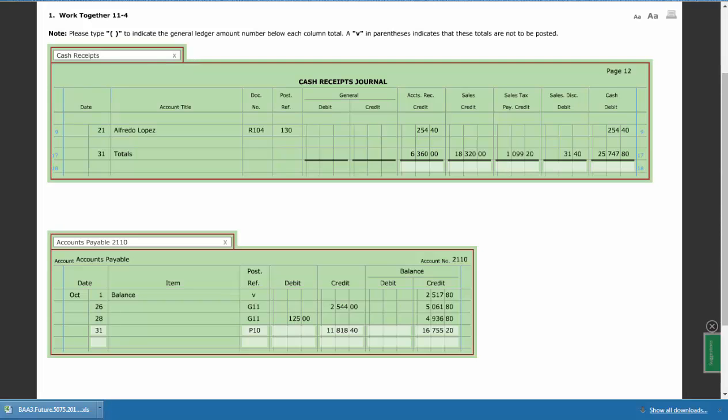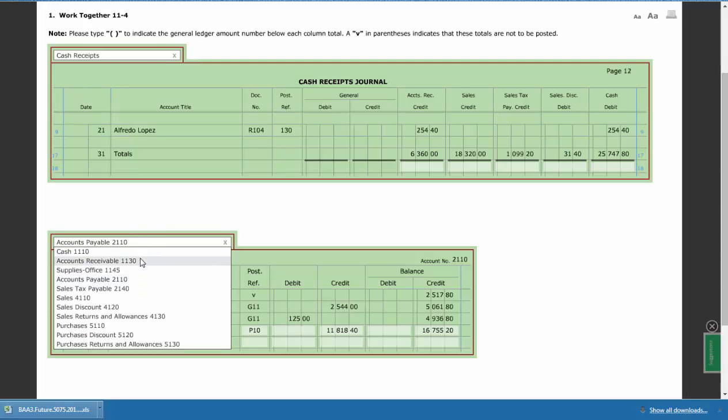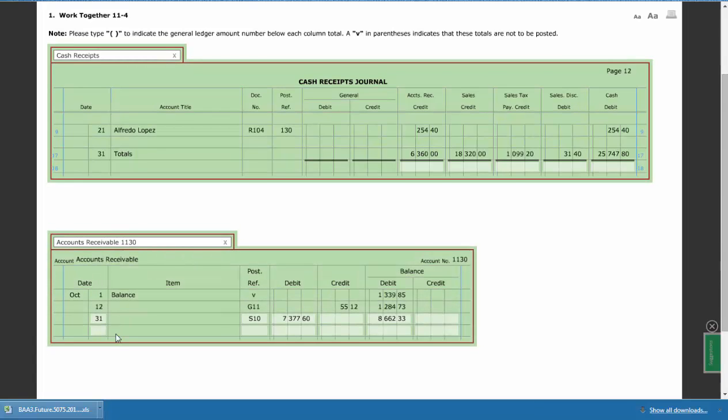So the first one I have is accounts receivable. Now, can I have eyes up here just for a moment? The first journal we posted from was what? Sales. Sales has accounts receivable in it, would you agree? And it was accounts receivable as a debit, right? And I have it right here, sales journal as a debit.